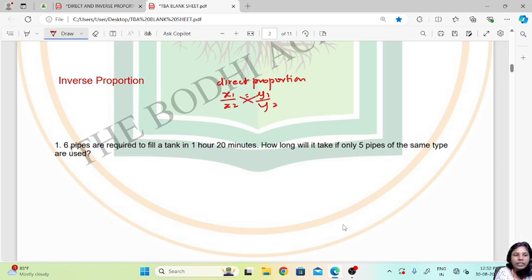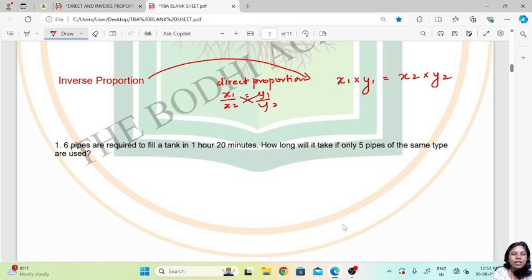Now when it comes to inverse proportion, we follow x1 into y1 equals x2 into y2, this form. So the variables being multiplied have to be different; the two quantities cannot be the same in this case.